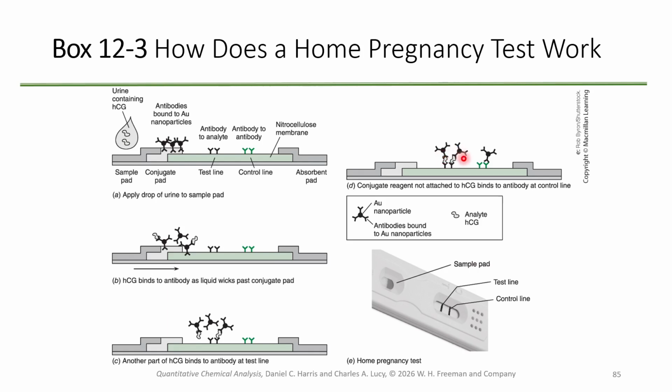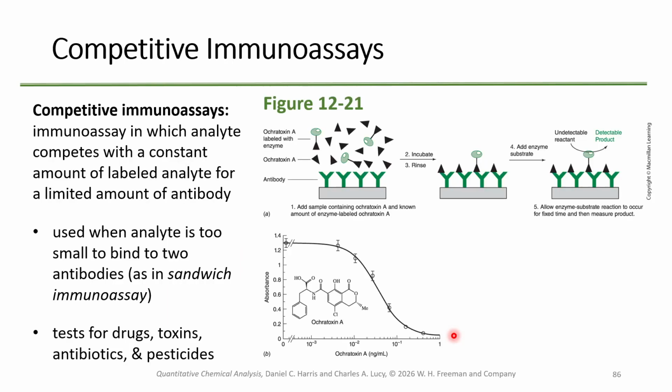So you start binding at the test line, and then it'll further release that conjugate, which will then start binding to the control line. So right here's the sample pad, up here's the test line, and there's the control line. You get your double line, and then you go either yay or oh no, depending on what your plans were. Hopefully yay. Hopefully.